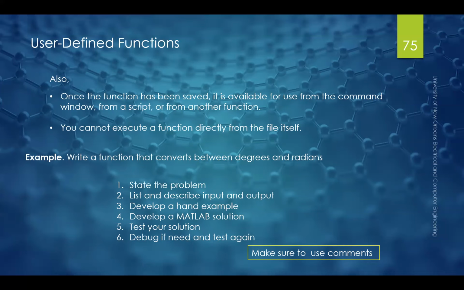That's another thing, right? You can define a function, write what the function does, and then call it within that same file. It won't allow you to do that. You get an error. So we're going to look at an example next.